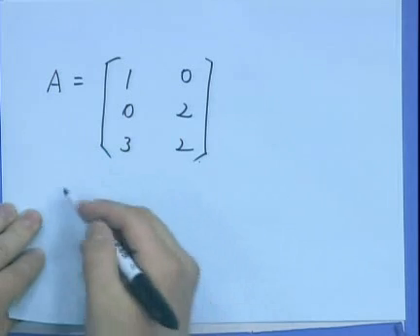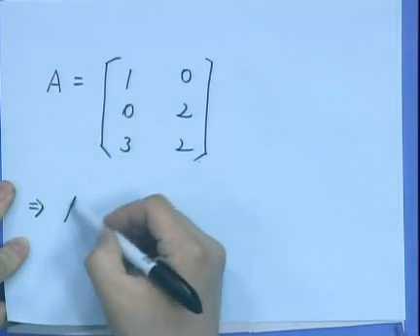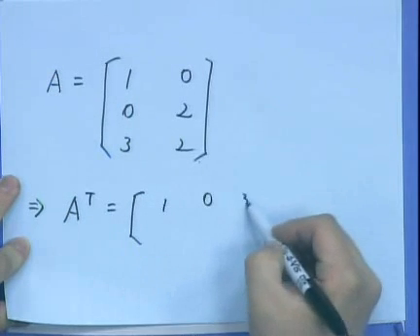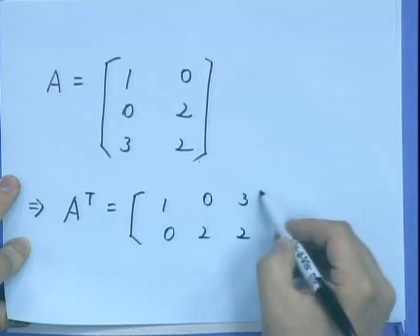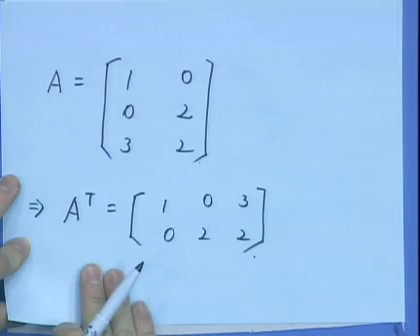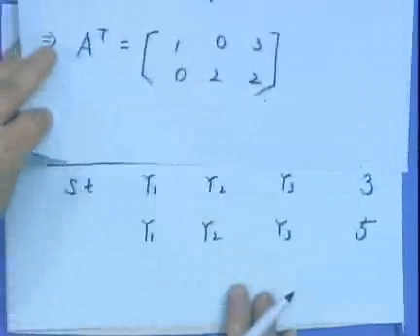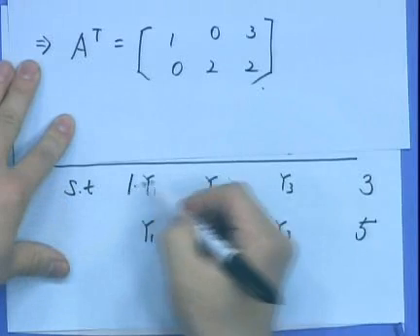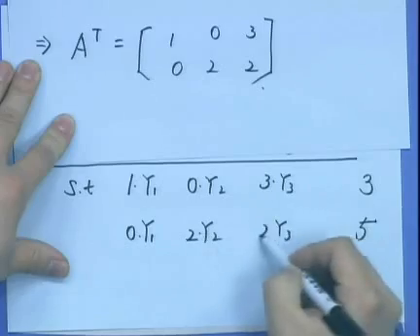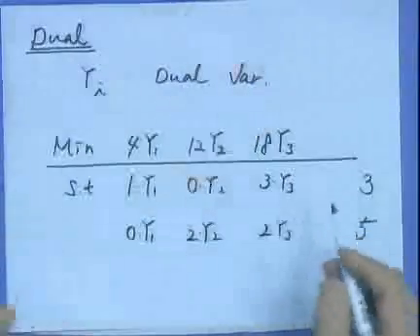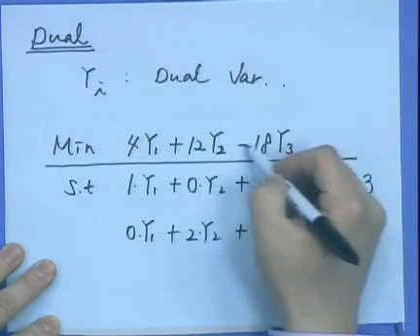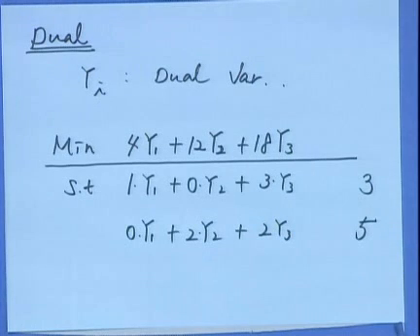So in the dual problem, the A transpose matrix, which is 1, 0, 3, 0, 2, 2, becomes the constraint coefficient matrix. So it's going to be 1, 0, 3, 0, 2, 2. And because there are no negative coefficient values, we have a plus sign here.